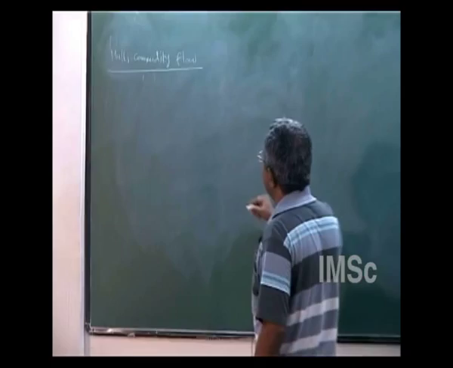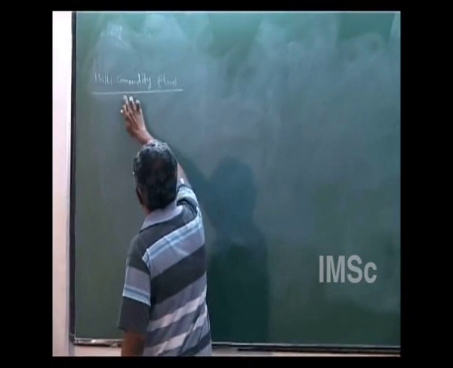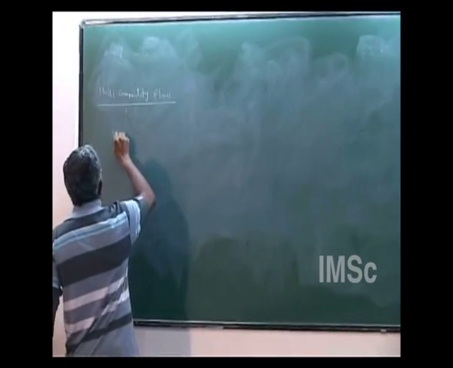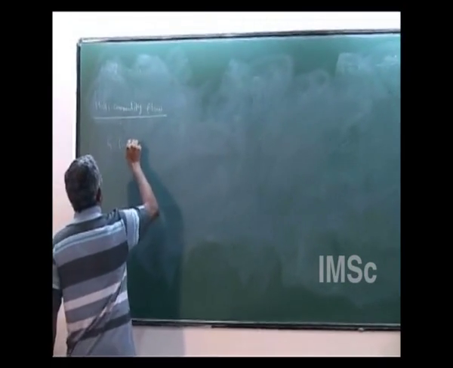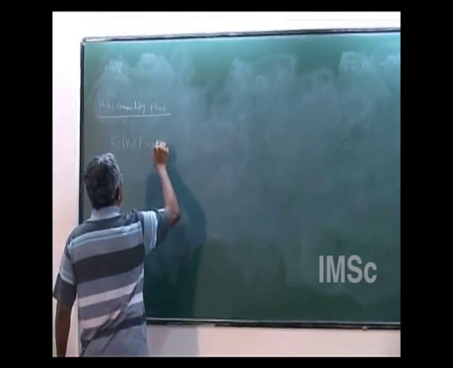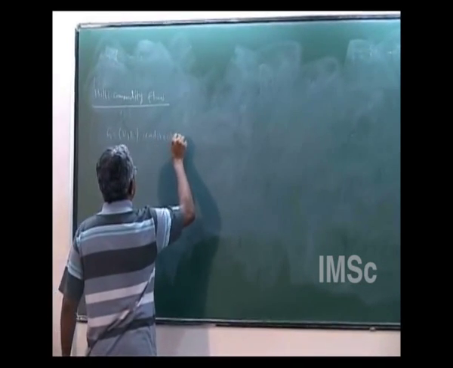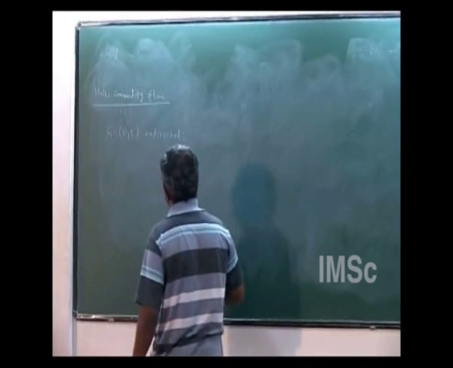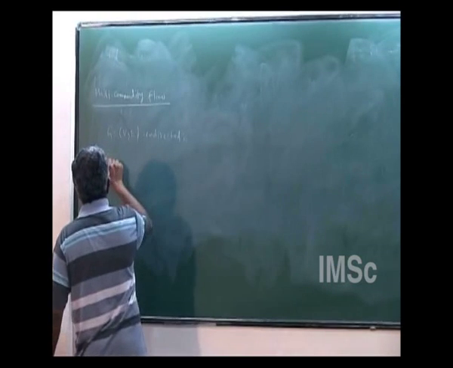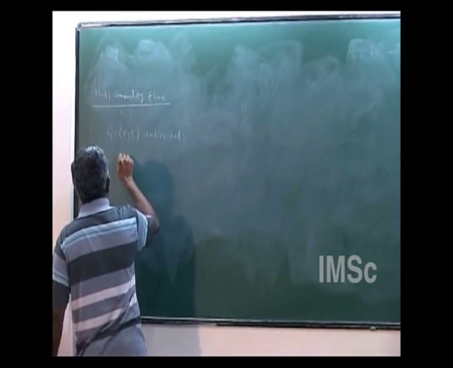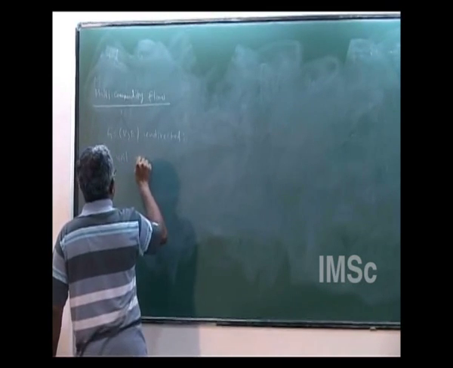Okay, so now the multi-commodity flow problem, you have the following. You have an undirected graph, and you have k commodities, let me assume k unique commodities.